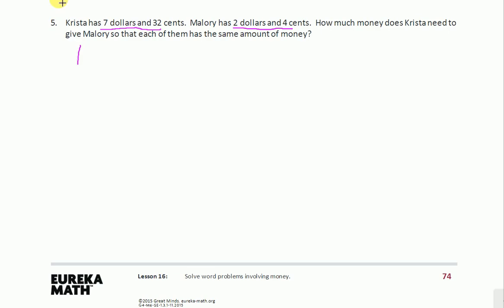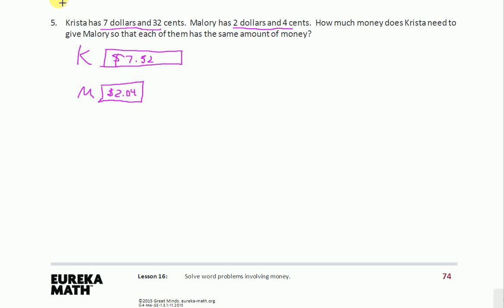We've got Krista, and she's got $7.32. And Mallory, she only has $2.04.